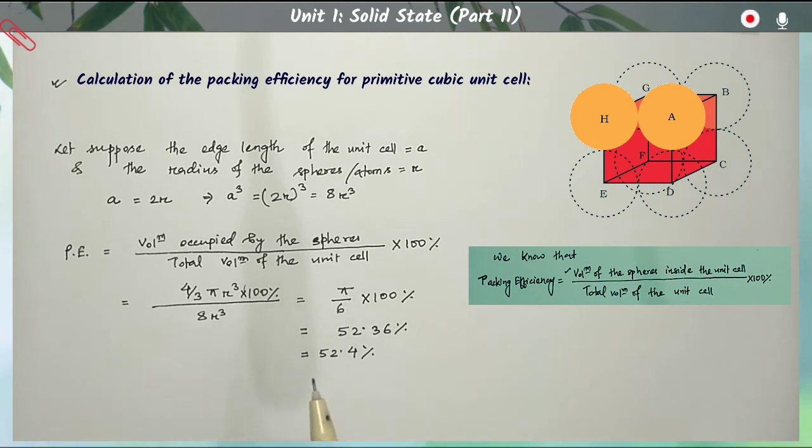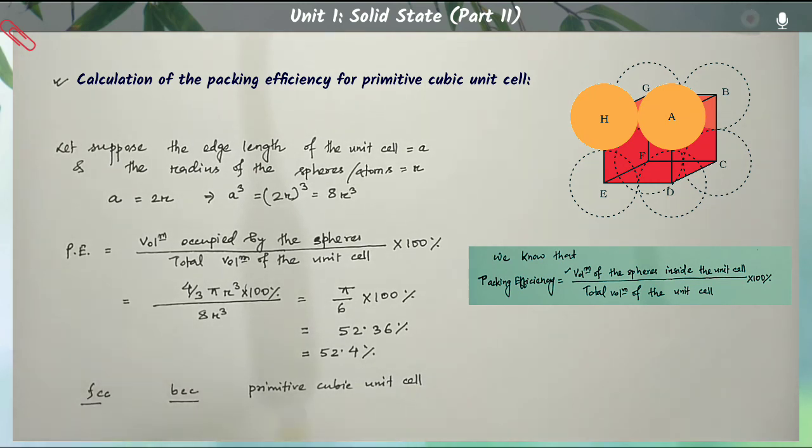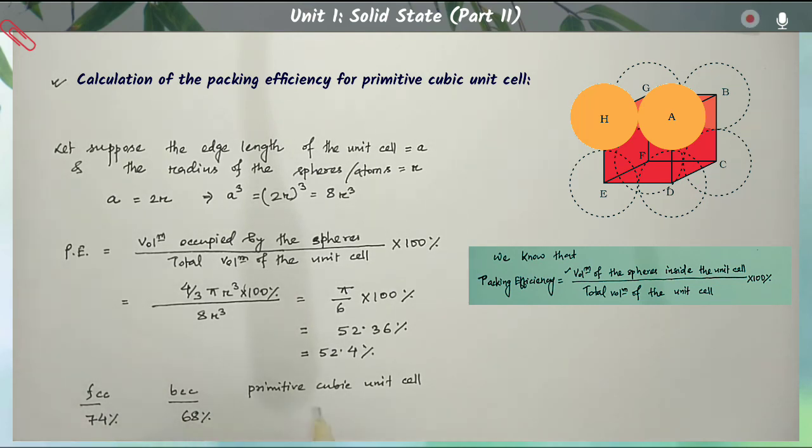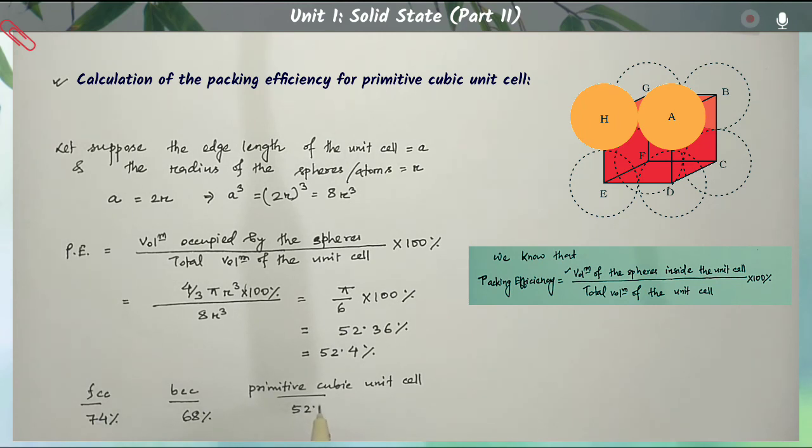So if you compare all the 3 unit cells, that means FCC, BCC, and the primitive cubic unit cell, you are able to see that in case of FCC it is 74%, in case of BCC it is 68%, and in case of primitive cubic unit cell it is 52.4%.